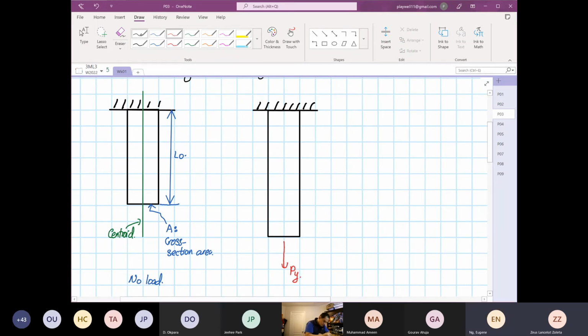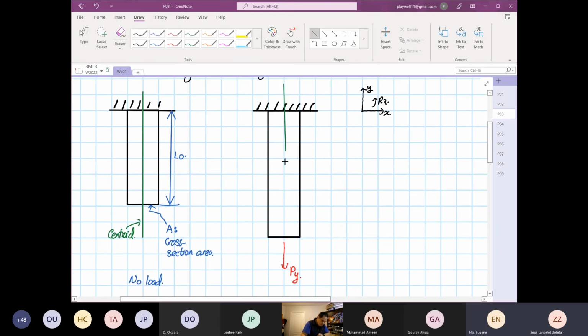Coming back to our transformation again: X, Y, rotation about Z, and it's applied on the centroid, along the centroid.